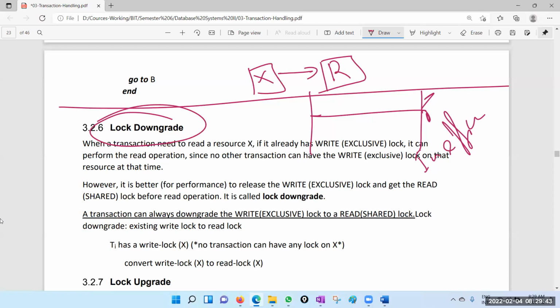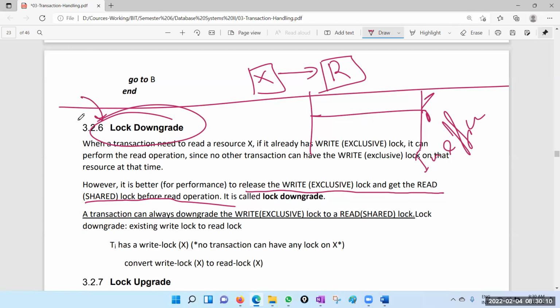Release your write lock and get the read lock. It is called lock downgrade, because you still have a lock, but now you have the read lock rather than the write lock. Lock downgrade can always happen.